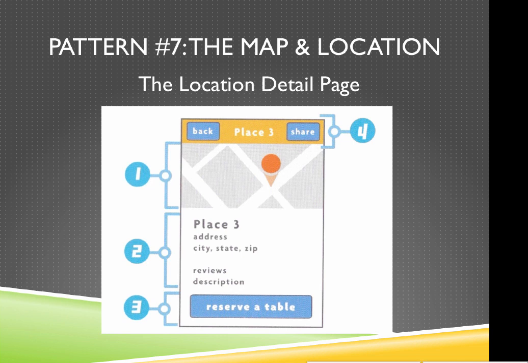And keep in mind that when the user goes into a detail view, as the designer, you want to, as I mentioned, provide the user with an opportunity to take an action. That's very important. Like I said, number 3, on here, you can either reserve a table, or maybe you want to share the details of this venue or restaurant to somebody via social media.